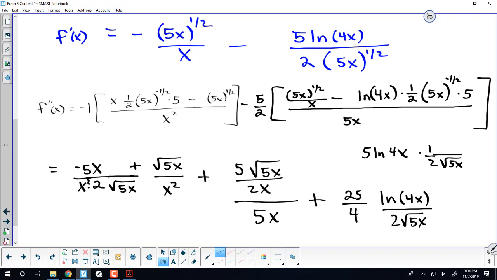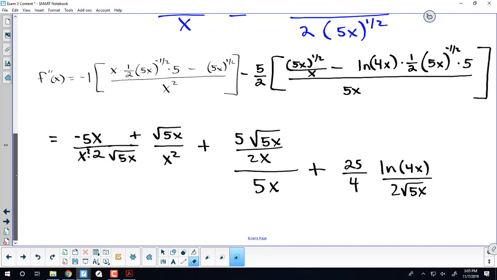Okay, so does that look all right? The only thing I'm wondering, oh, that one's over 5x too. That's the idea now. We've got all these fractions that we can invert and multiply, simplify, clear the fraction. That's the whole process that we're going through.